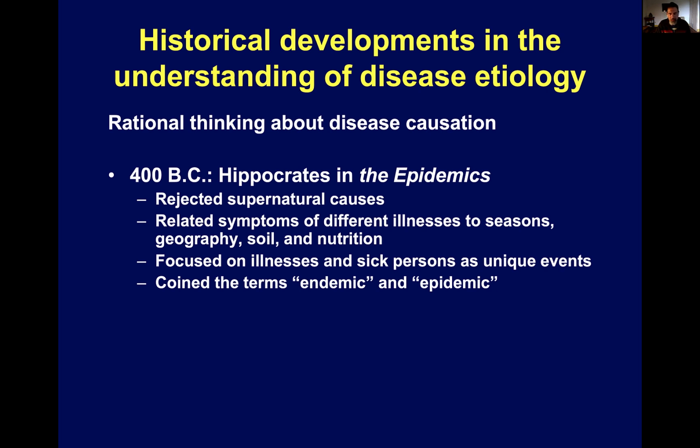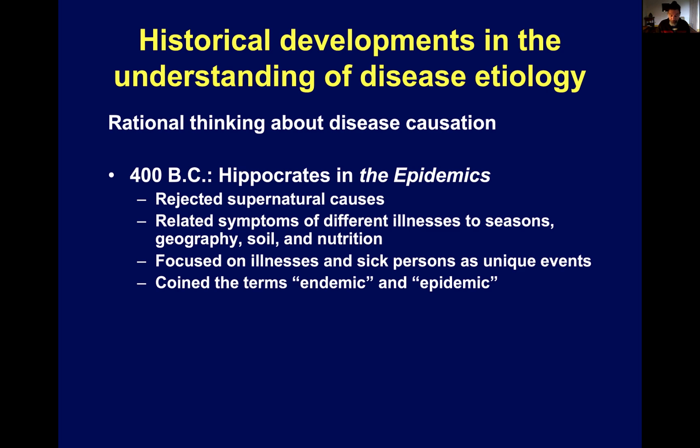One thing that wasn't quite right at least with regard to infectious diseases, is that he focused on illnesses and sick persons as unique events, not necessarily related to one another.